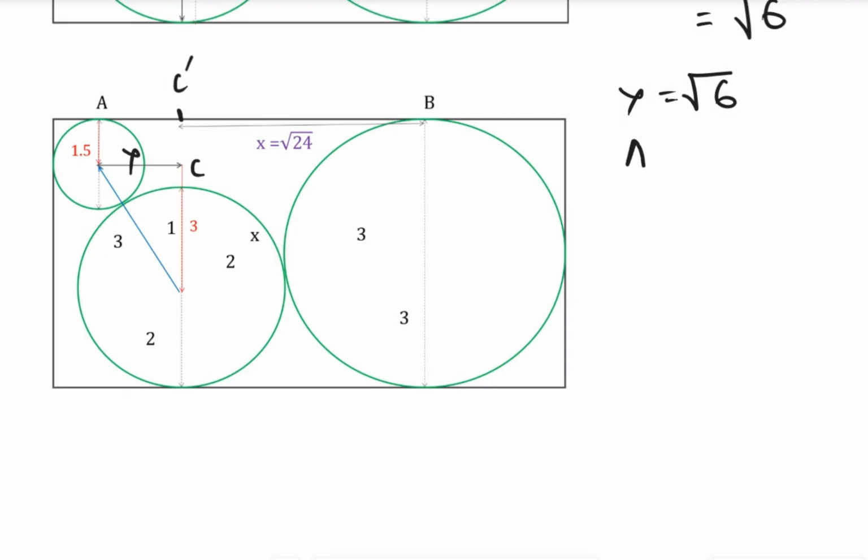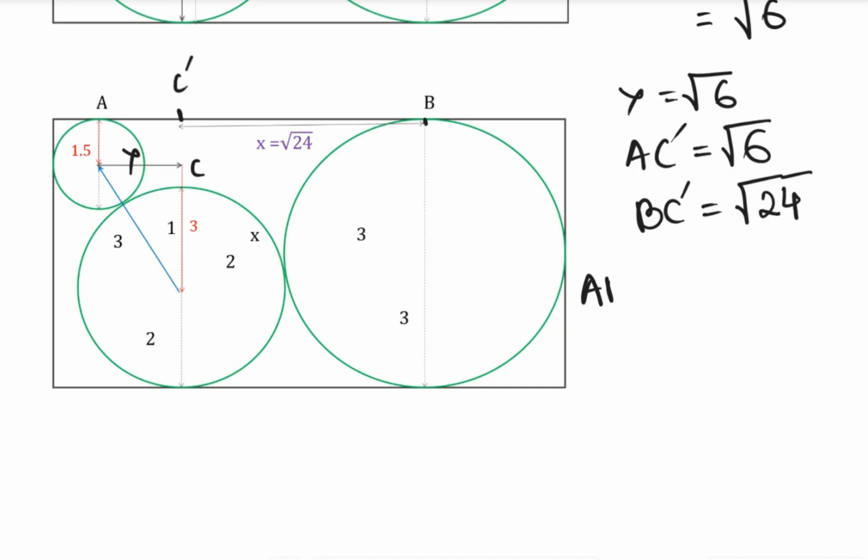So AC prime is equal to square root of 6, and BC prime is equal to square root of 24, right? So our main objective is to determine the value of AB. So AB is equal to BC prime plus AC prime. Now the sum of these two values, which is square root of 24 plus square root of 6.